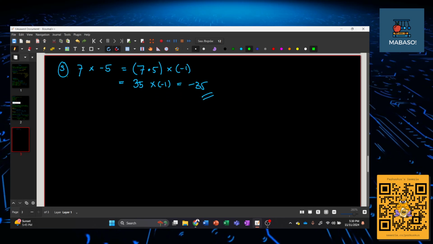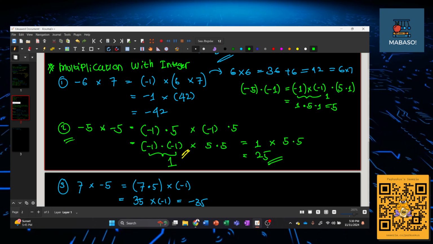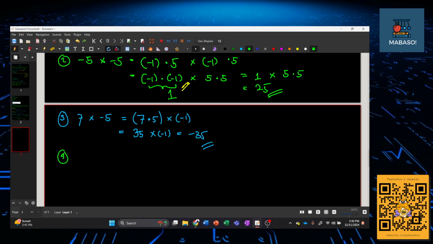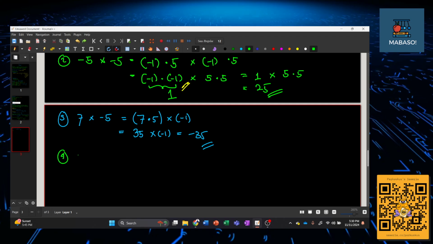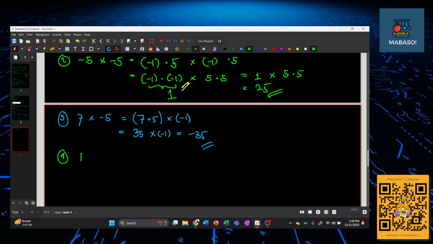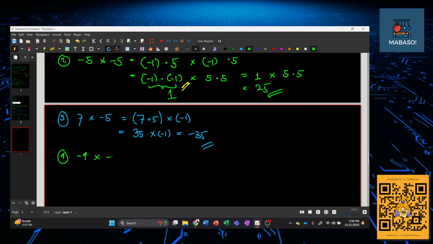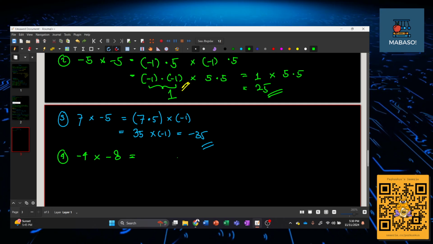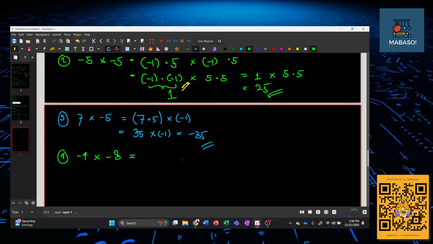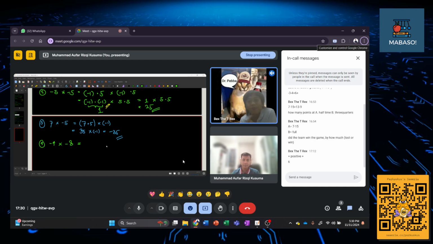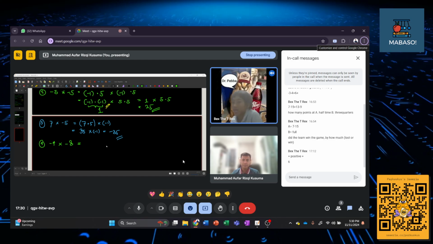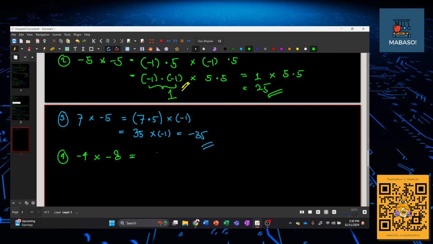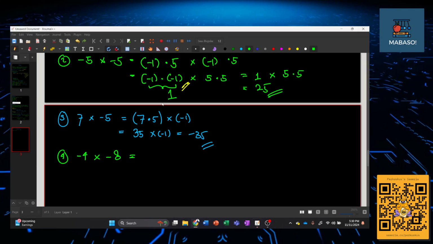Now I'll give you another example equivalent to the second question. What about minus 4 times minus 8? Does that mean minus 4 times minus 8 is just 4 times 8? Yes. Why did you put the minus there?